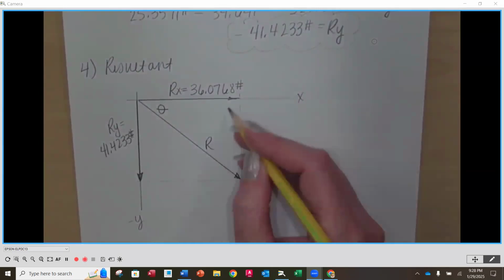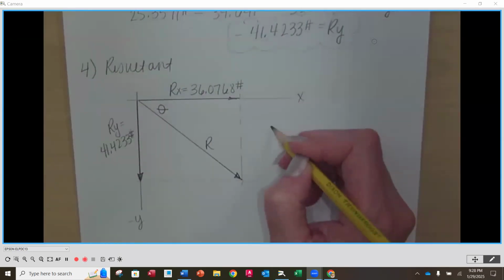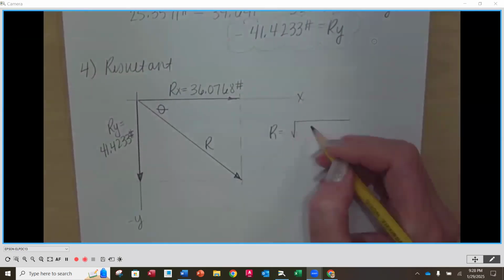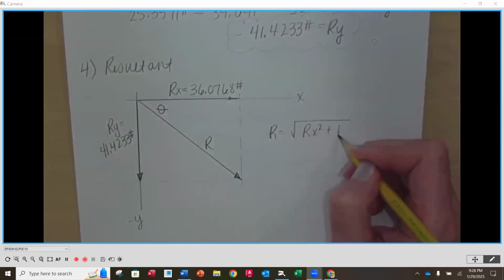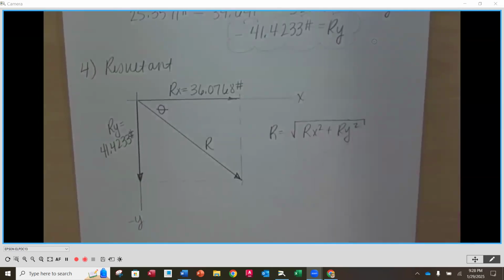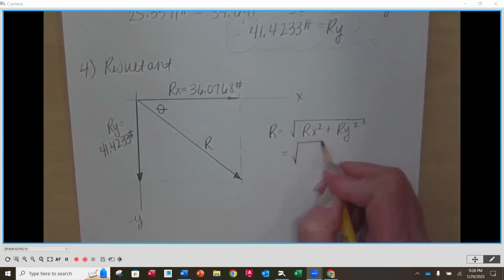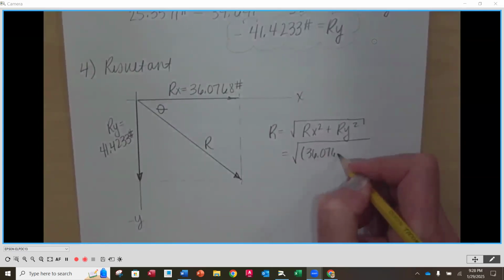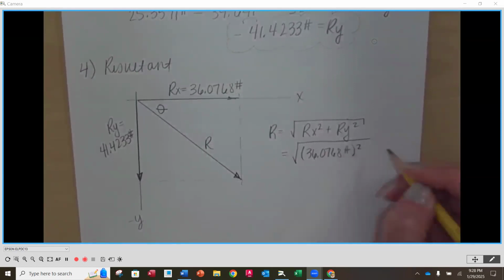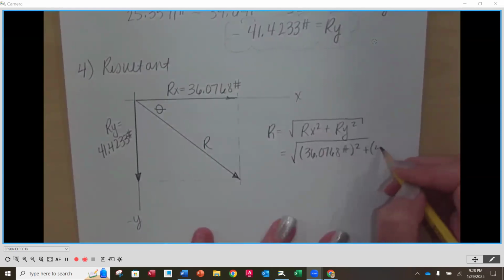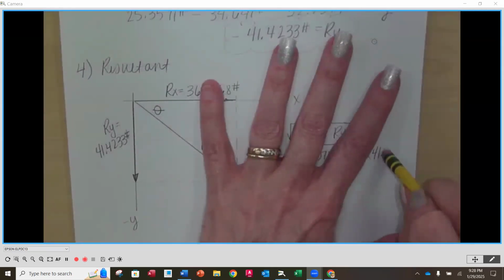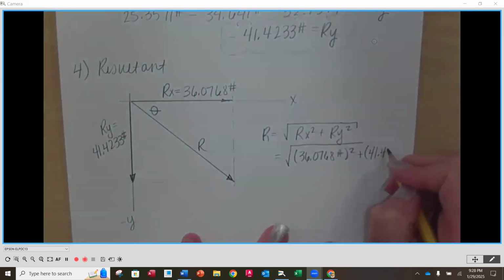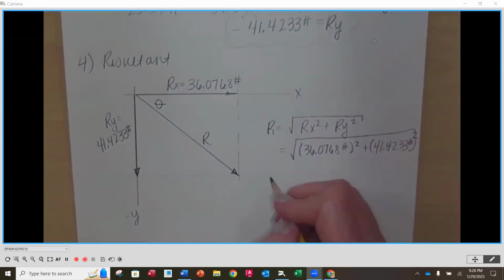So the resultant, because this is a right triangle, my resultant is equal to the square root of Rx squared plus Ry squared, right? Pythagorean's theorem. So under the radical, we're going to have 36.0768 pounds squared plus 41.4233 pounds squared under the radical.